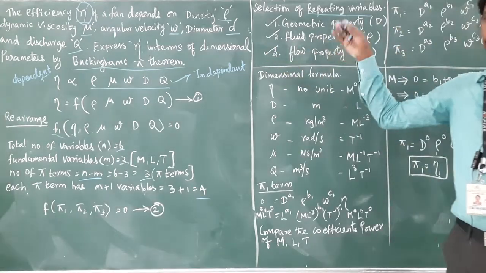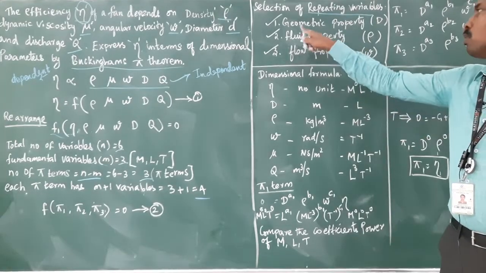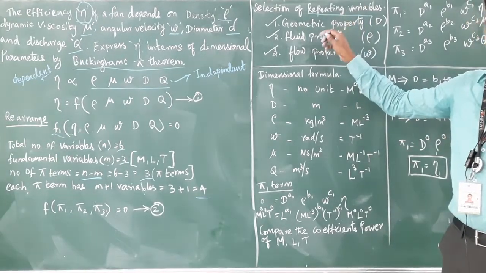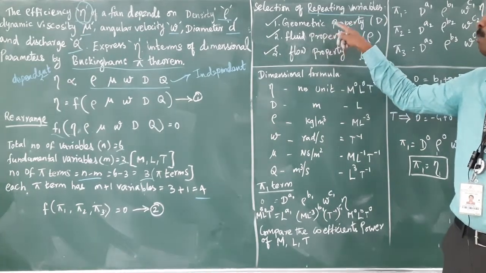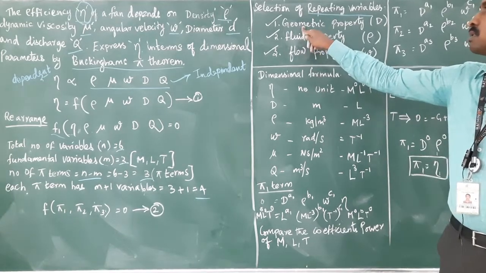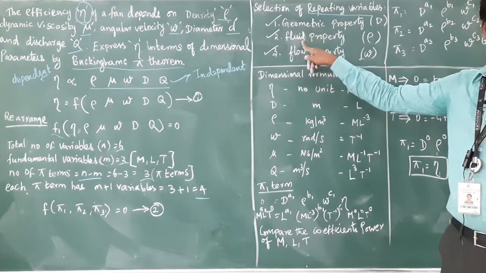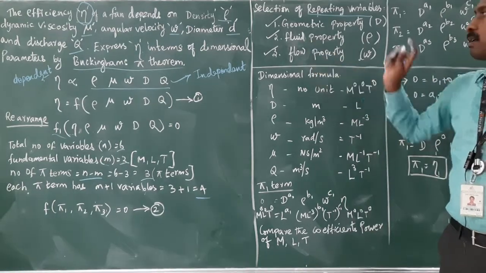This order may change due to the problem. So in all Buckingham's pi theorem problems we need to select 3 properties: first is geometric property, second is fluid property and third is flow property.